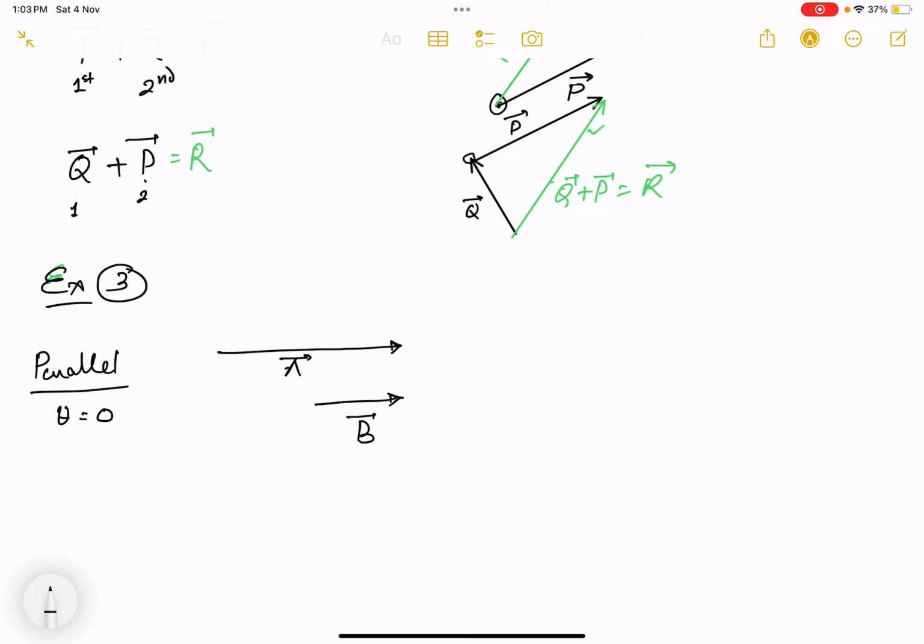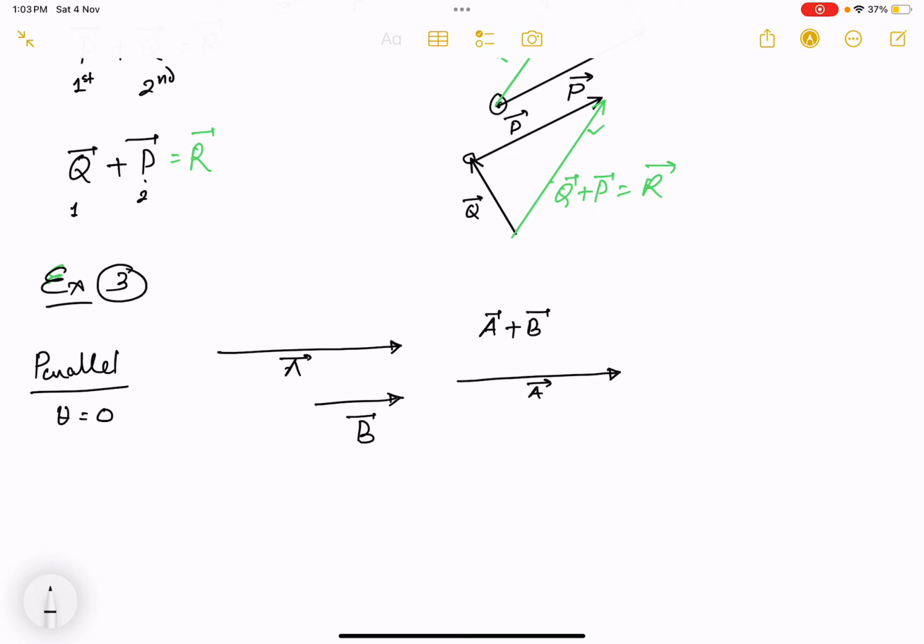So how do we now add them? I want to write, let us say first A plus B. So how do we do that? So it's very straightforward. First, what do we draw? First we draw vector A. Am I right? Correct?